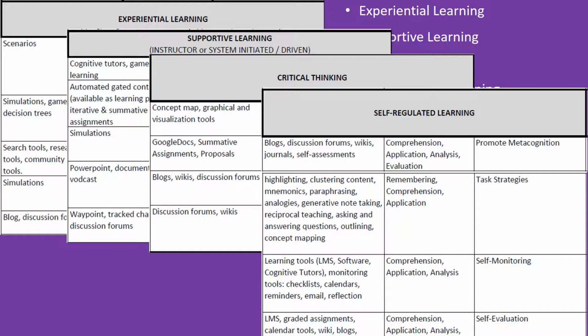In each of these depictions, you can see that we are highlighting some opportunities of specific assignment activities that faculty can use to support each of these areas. For example, experiential learning is supported by scenarios, critical thinking by blogs, self-regulated learning by clustering content, paraphrasing, analogies, and other activities.